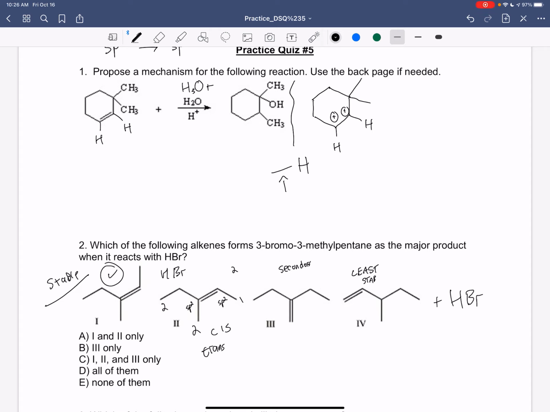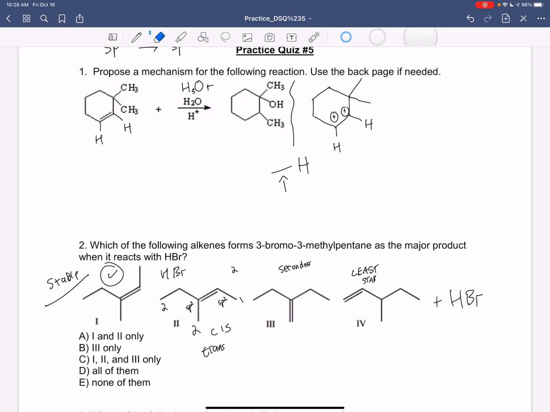It's not necessarily where the hydrogen goes, but we want the positive charge to be on the more stable carbon. What stabilizes carbon is the overlapping orbitals of other alkyl groups. So look at these methyls here, this and this. These are going to stabilize positive charge.